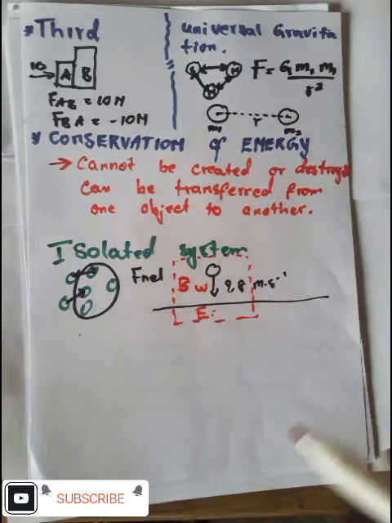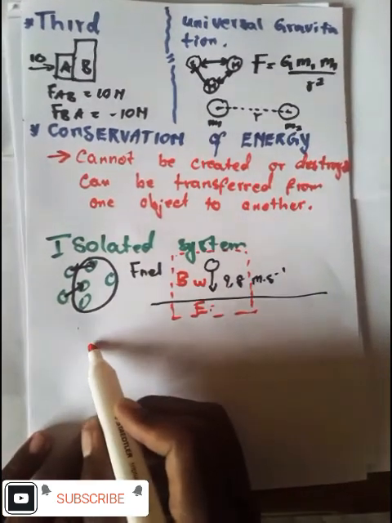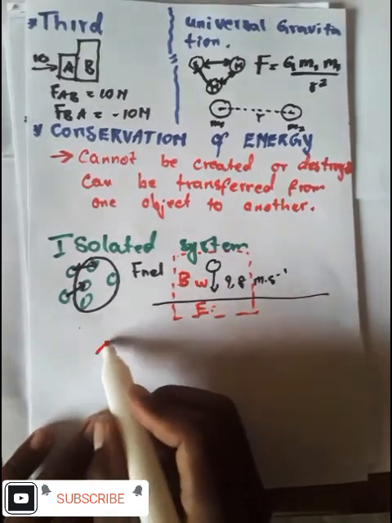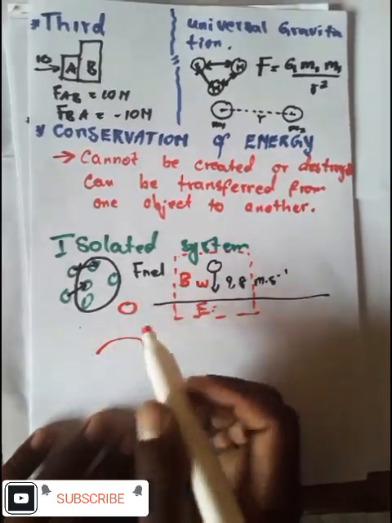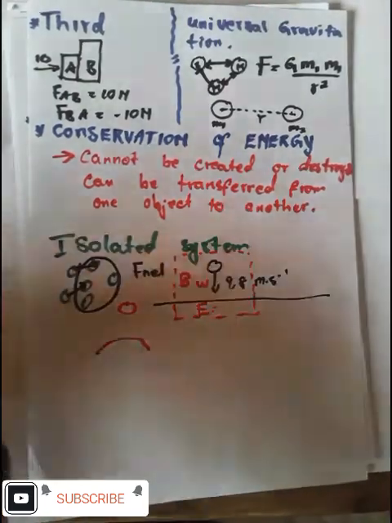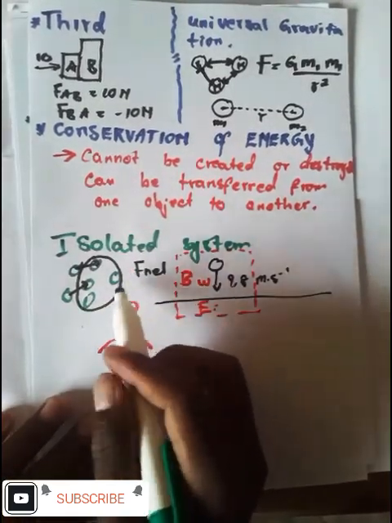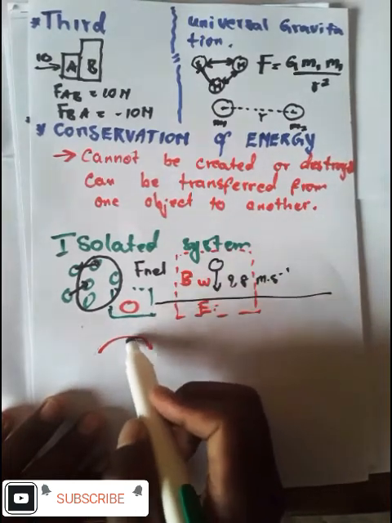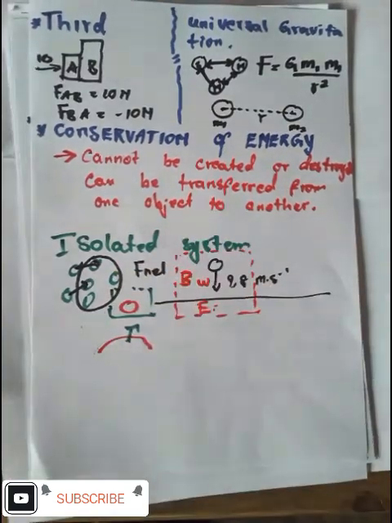It's attracting the object. If you now have the earth here, and then here you have an object, and you say this is your system only, what's causing this object to fall is an external force that's not inside the system. So we're saying that the system is not isolated.